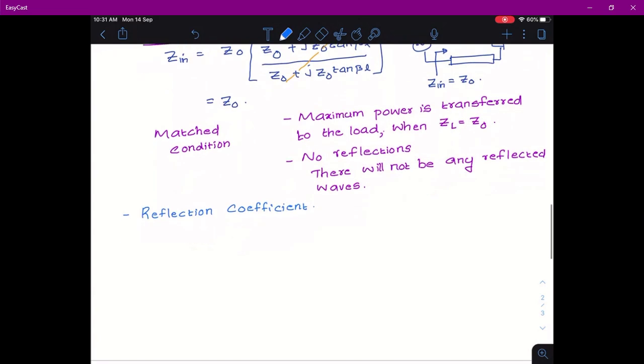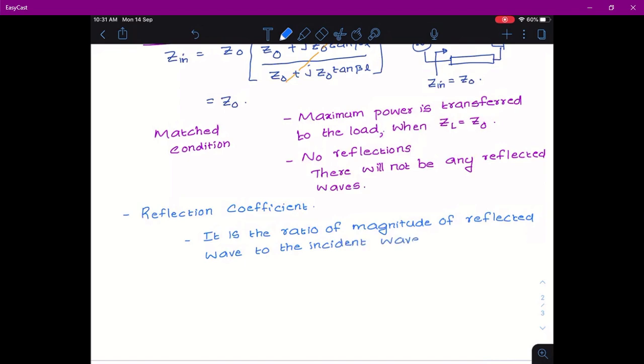Now, reflection coefficient by definition is the ratio of the magnitude of the reflected wave to the incident wave in a transmission line.